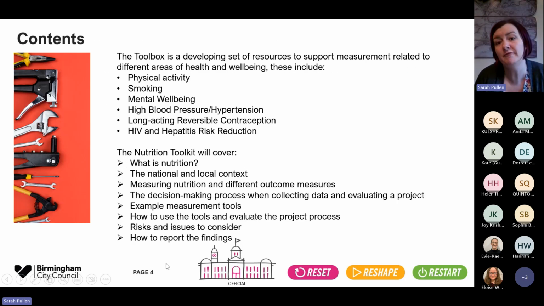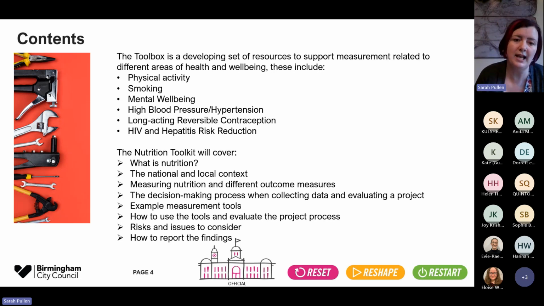So there's quite a few different areas of resources within the toolbox. So there's physical activity, smoking, mental well-being, high blood pressure, hypertension, long-acting reversible contraception, HIV and hepatitis risk reduction.